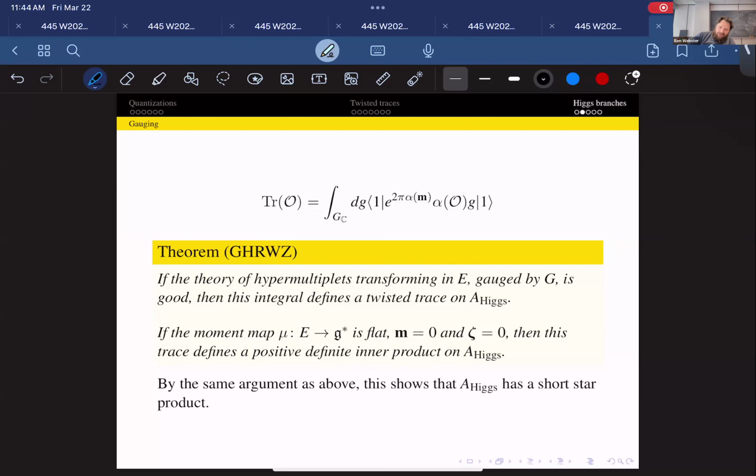Basically, you can very carefully think about what it would mean to take this Gaussian and average the Gaussian over GC. That's a slightly weird analytic object, but it ends up being a tempered distribution and you can make sense of everything.